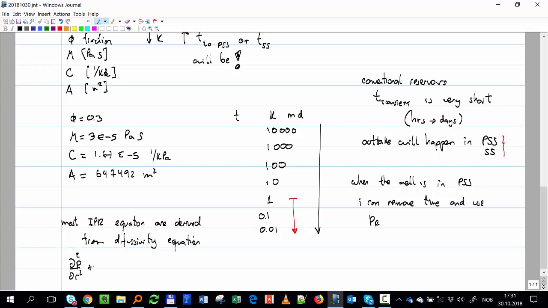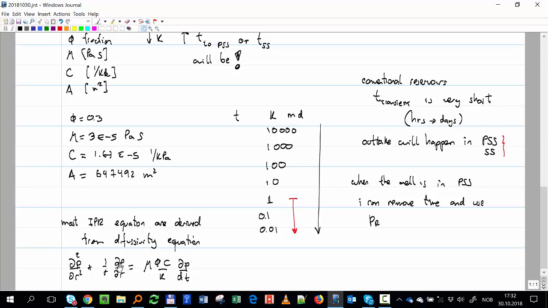For radial coordinates, that is correct, I think. So you come up with that equation, but then you say, well, I assume that I'm in the pseudo steady state regime, I get rid of the time, and I just have to integrate pressure along the radius.